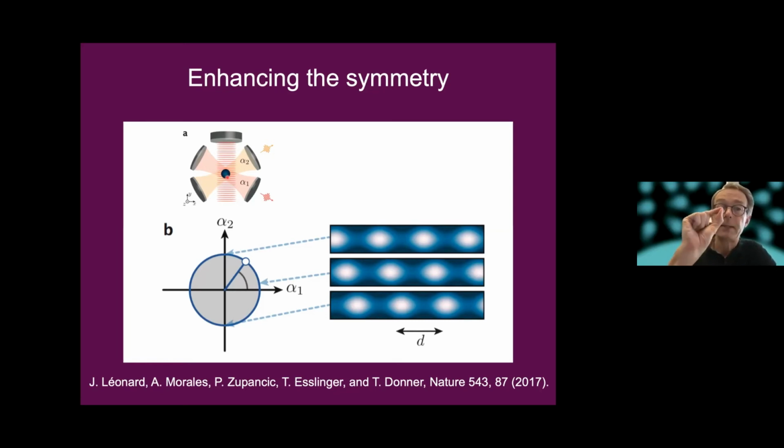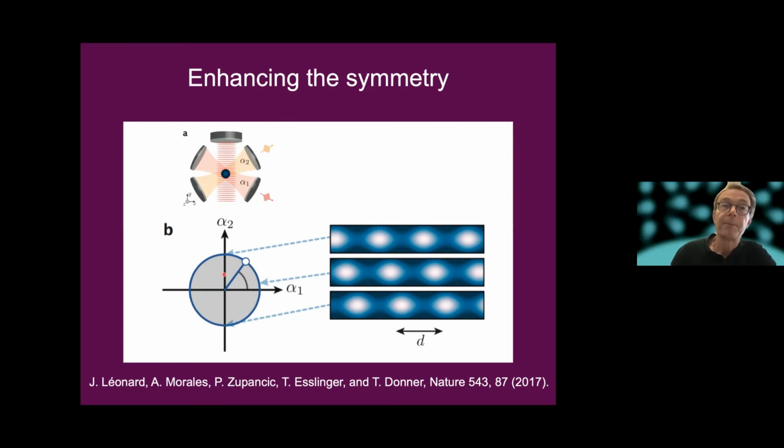So that means with these fields, I can be on any of these four quarters of the alpha 1, alpha 2 representation of the field. It can be positive or negative for both fields. So that's the Z2 symmetry.